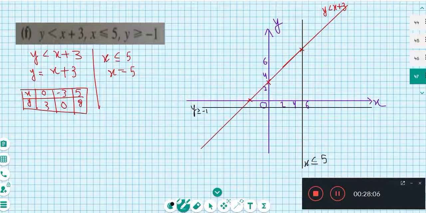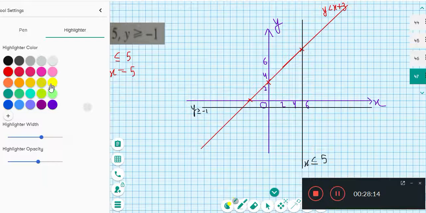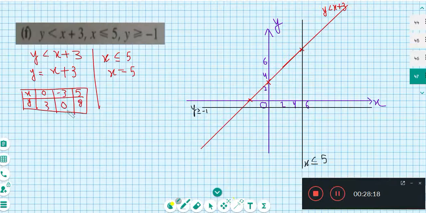For this line, x equal to 0, the region is at the right side, meaning x should be greater than 0 here. So the first inequality will become x is greater than or equal to 0, as this region is at the right side of this line.